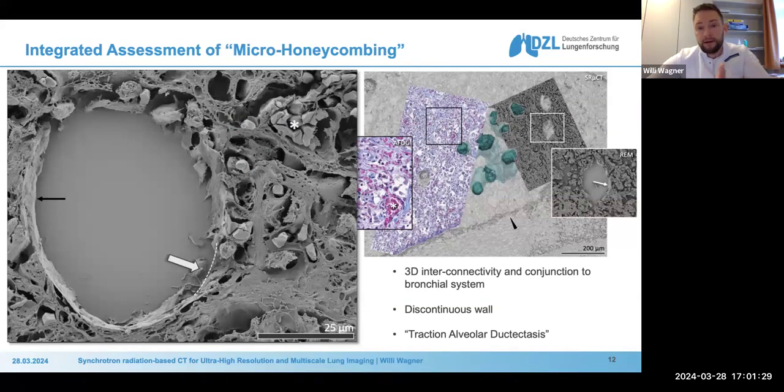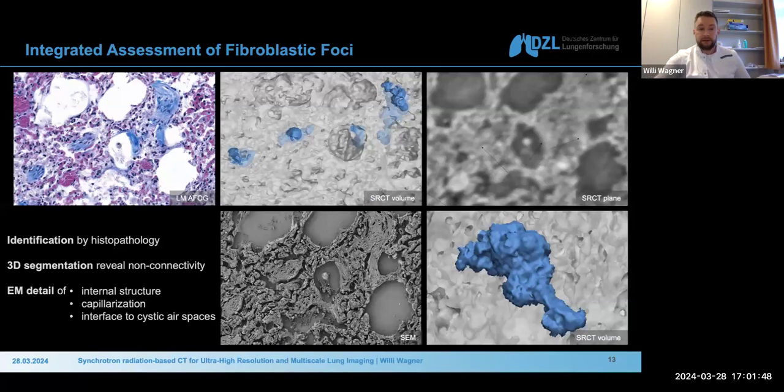And of course, again, we can integrate histology to really prove that we are looking at the right structures. And we can even go down a scale and look at the same thing by electron microscopy.